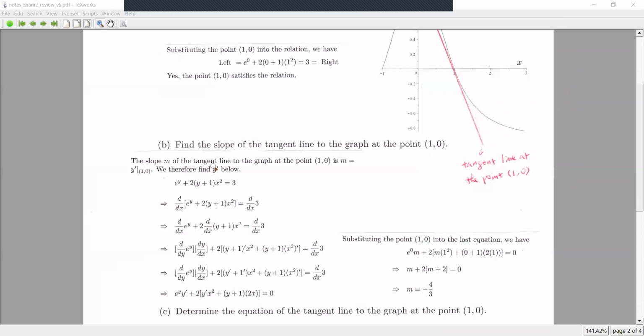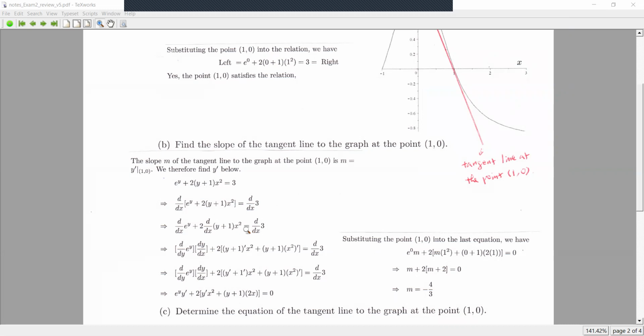To find the derivative y prime, take derivative on both sides of the given equation. Then we have this equation. Apply the summation rule to the derivative on the left side. Then we have this equation.